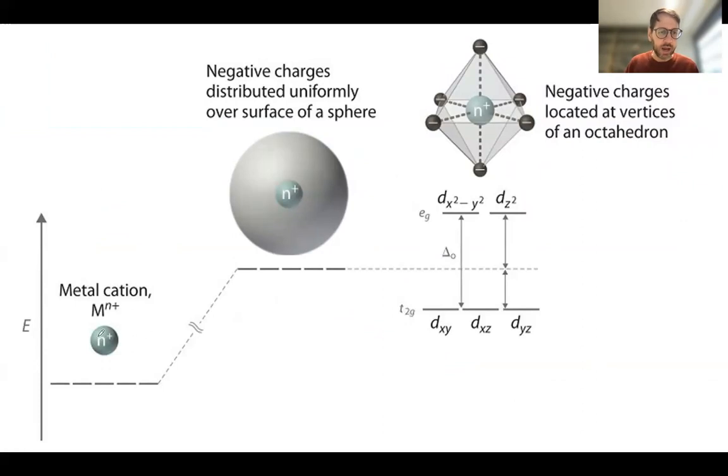So if we have the free metal cation, for example, all the d orbitals are degenerate, or they have the same energy.